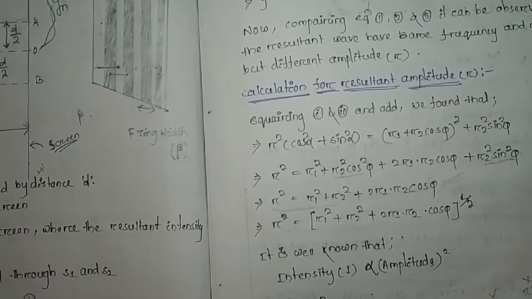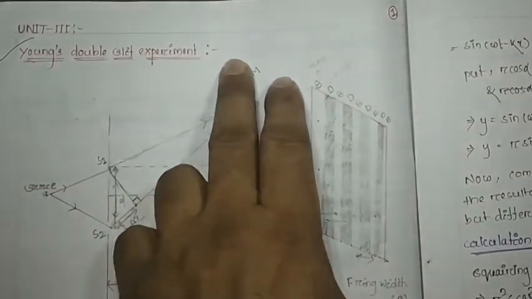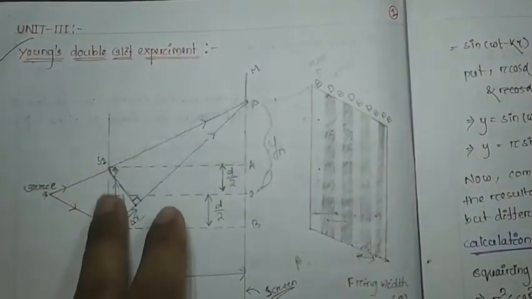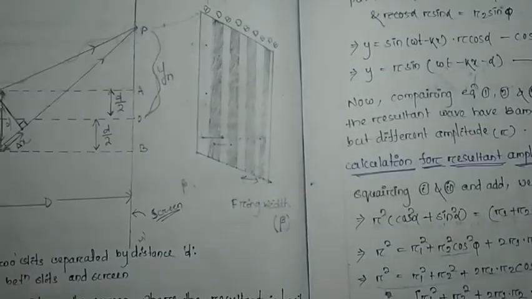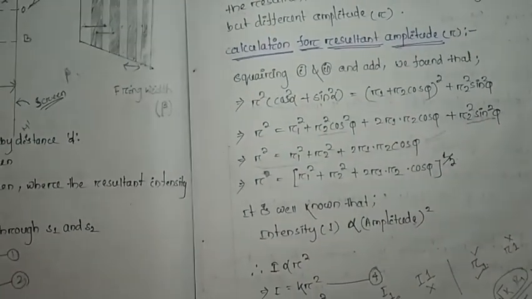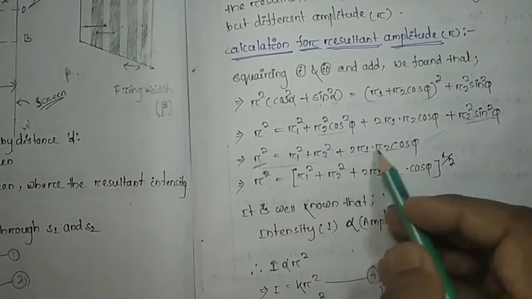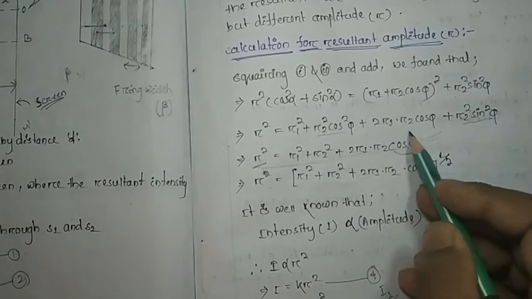You may remember that we also calculated in Young's double slit experiment that when two rays interfere, in the mathematical calculation we found the resultant amplitude square is equal to this much and cos phi.